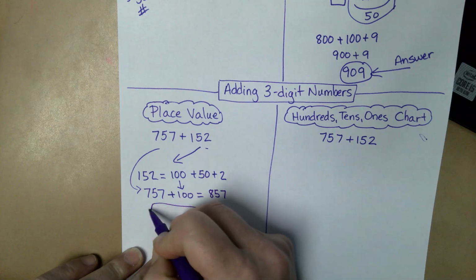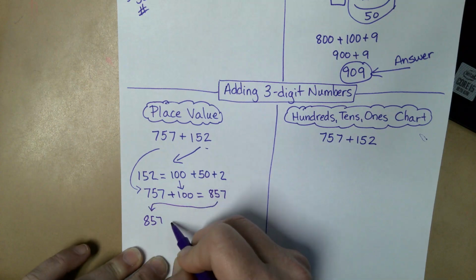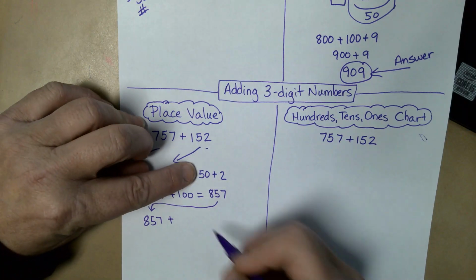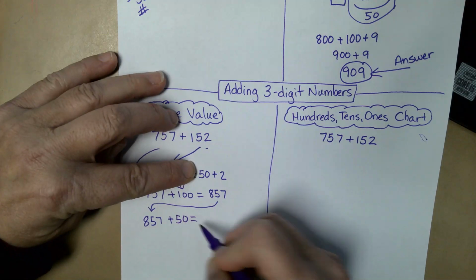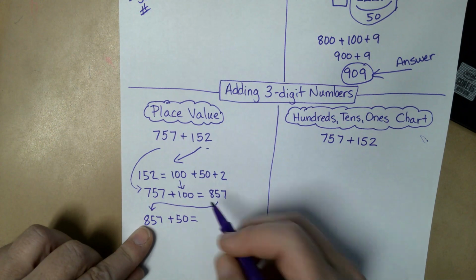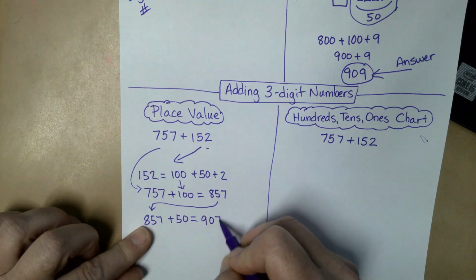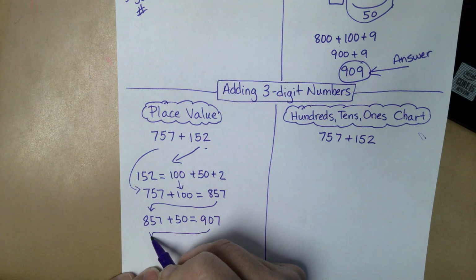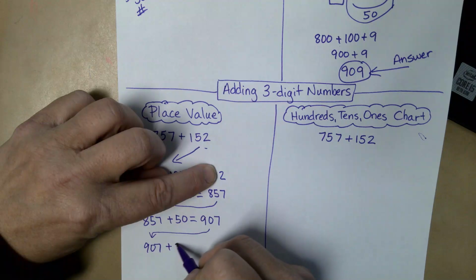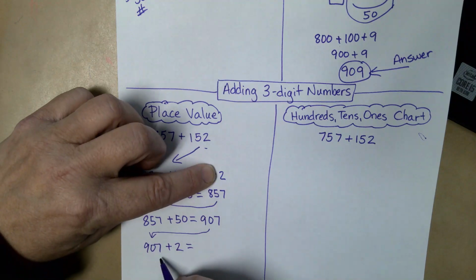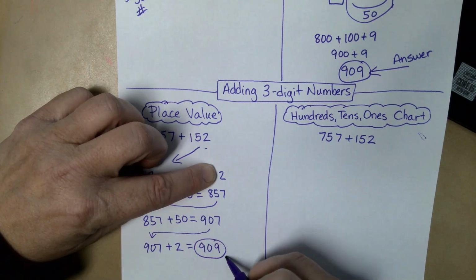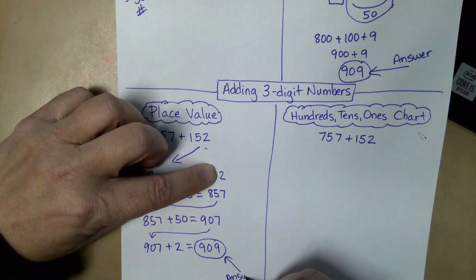I'm going to bring my 857 down, plus I'm going to grab my 50 because I've already used my 100. 857 plus 50, 50 and 50 makes another 100, so I have 907. I'm going to bring my 907 down, plus, and I'm going to add my last place value, my 2. So 907 plus 2 is 909. That's my final answer. I want to circle and label.